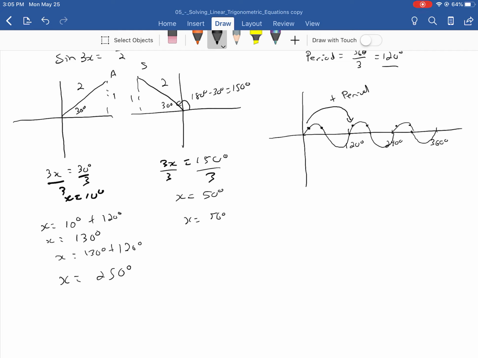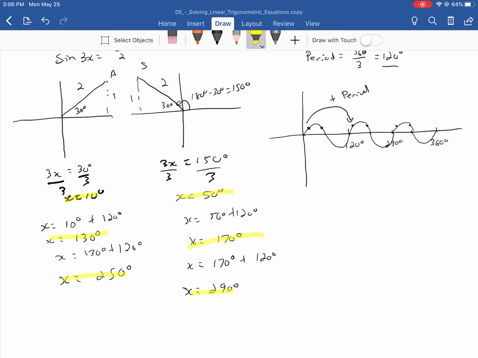So I get another answer at 250 degrees. And if I add another 120, I'll get 370, which is outside the 360, so I don't need that. There'll be another x at 50 plus 120 degrees, 170 degrees. And then there'll be another answer at 170 degrees plus another 120 degrees, another answer at 290 degrees.